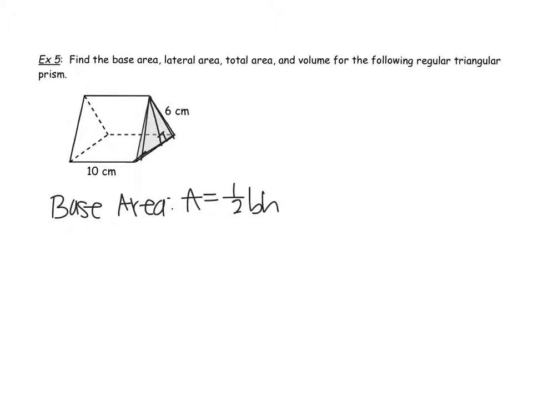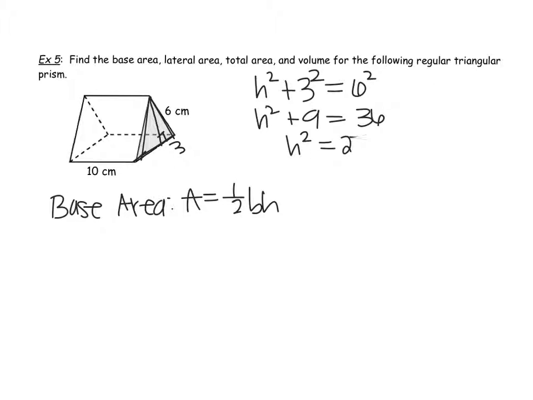in order to find its height, we know when we draw the perpendicular height, it splits that base in half. So we're going to use the Pythagorean theorem, h squared plus 3 squared equals 6 squared. So we get h squared plus 9 equals 36. When we subtract 9, we end up with that h squared equals 27.